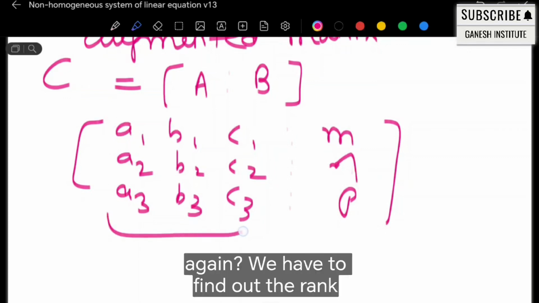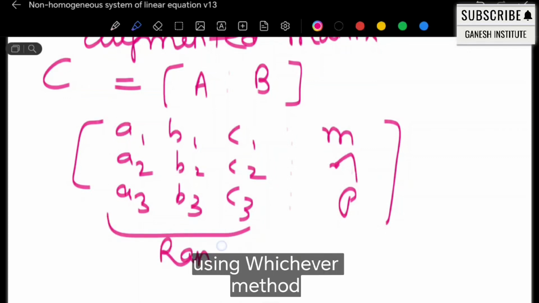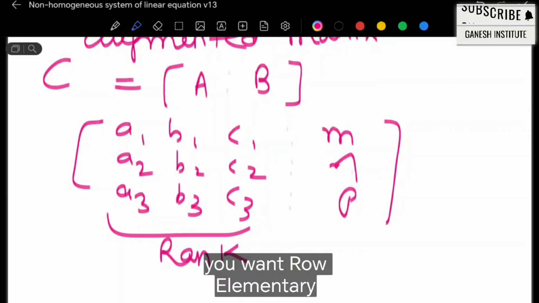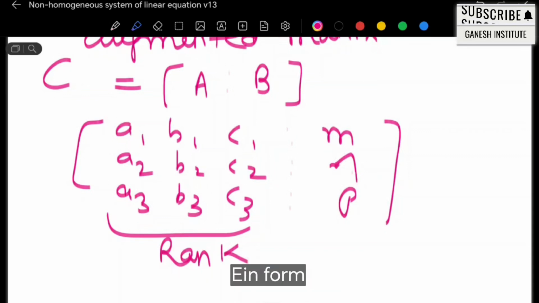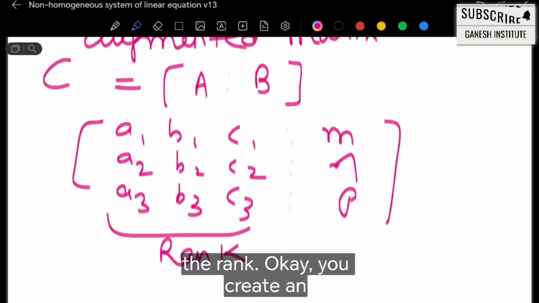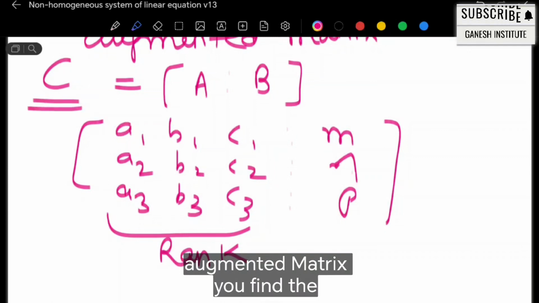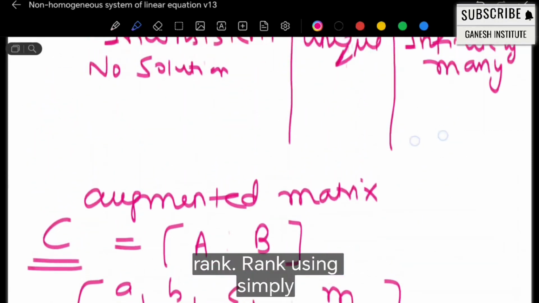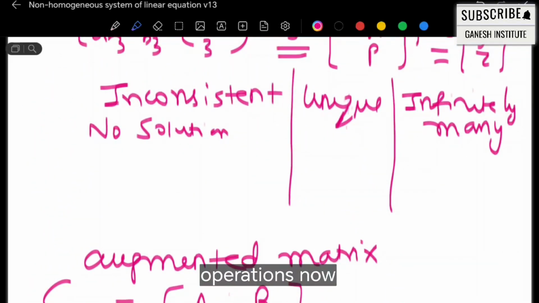Again, we have to find the rank using whichever method you want: row elementary, echelon form, or minor form. You create an augmented matrix and find the rank using simple operations.